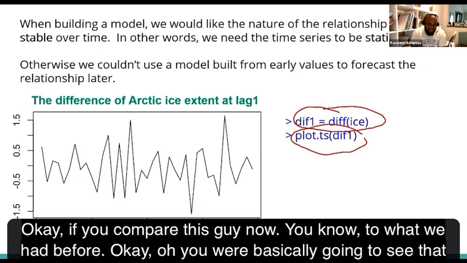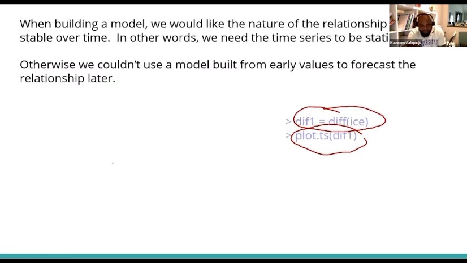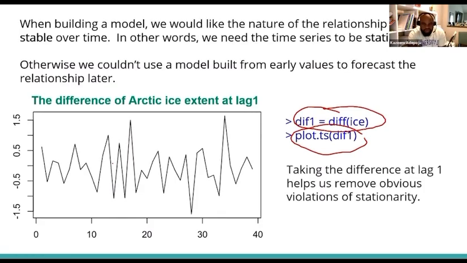If you compare this to what we had before, you're going to see that this is stable over time compared to the one we had initially, which had a decreasing trend. So now we can say that taking the difference at lag one helped us remove the obvious violation of stationarity.